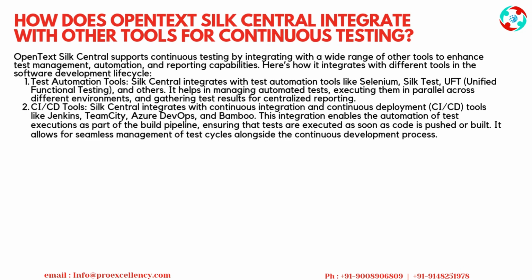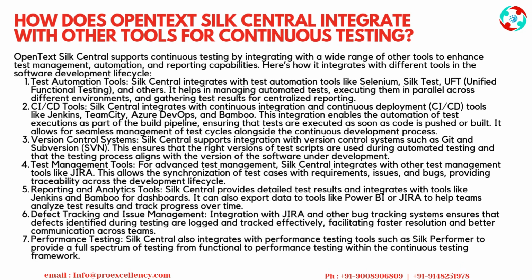How does OpenText Silk Central integrate with other tools for continuous testing? OpenText Silk Central supports continuous testing by integrating with a wide range of other tools to enhance test management, automation, and reporting capabilities. Here's how it integrates with different tools in the software development lifecycle.